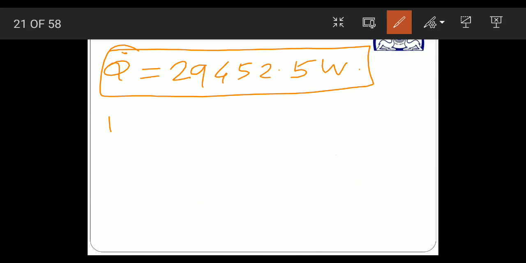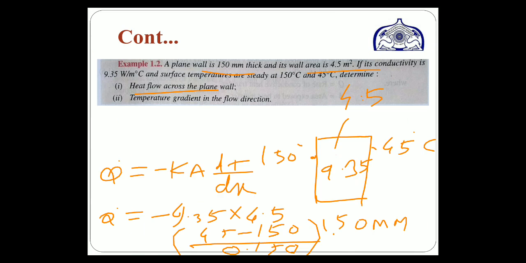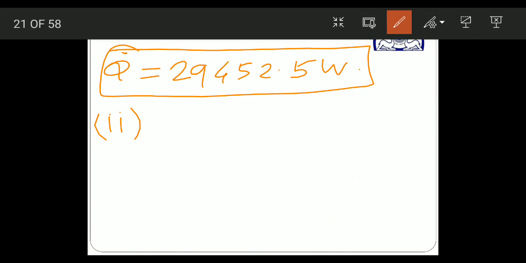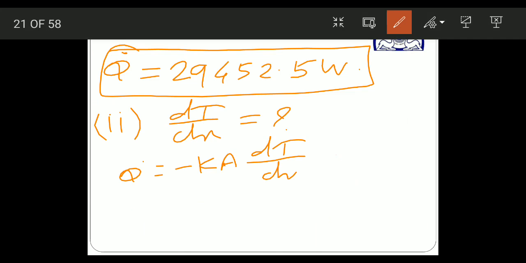Next, what we have to calculate? Next point, we have to calculate the temperature gradient. That is again very simple. How to calculate temperature gradient? That is dT by dx we have to calculate. What is the formula? Q is equal to minus kA into dT by dx. So from this equation, dT by dx is equal to minus Q upon kA.